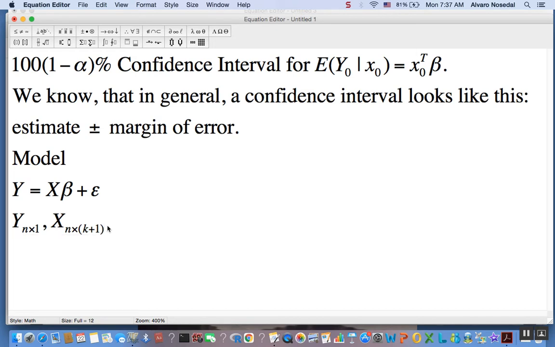Okay, and well, we also have the beta vector. That vector is going to have those unknown parameters, and it's going to have the following dimensions: k plus 1 by 1, right?